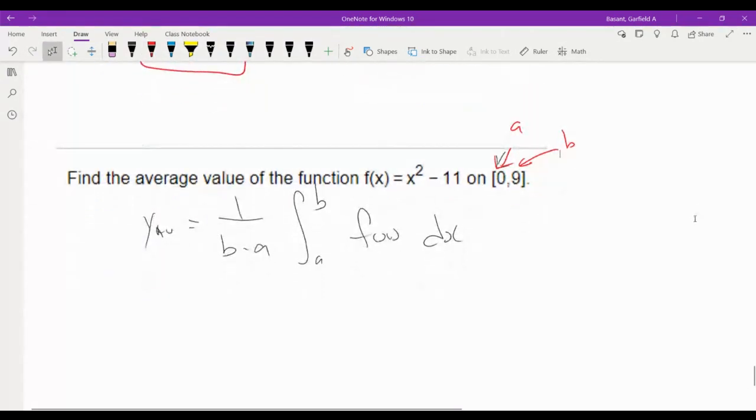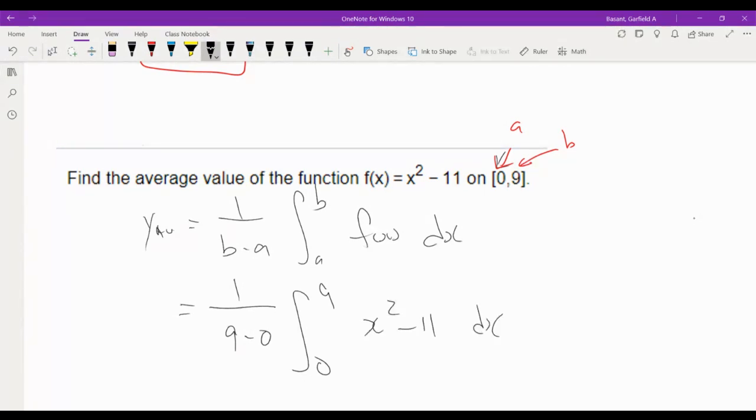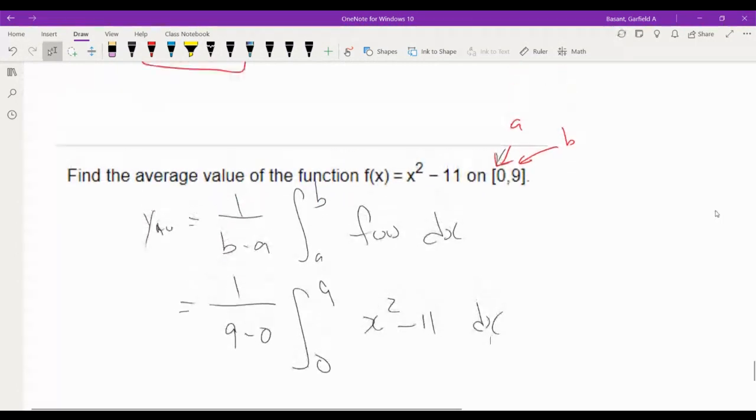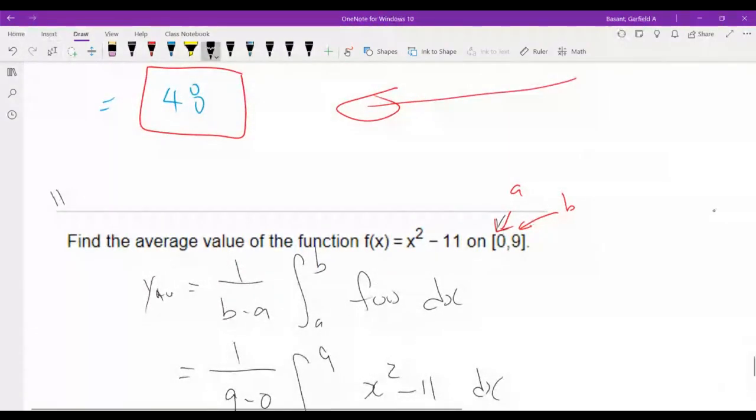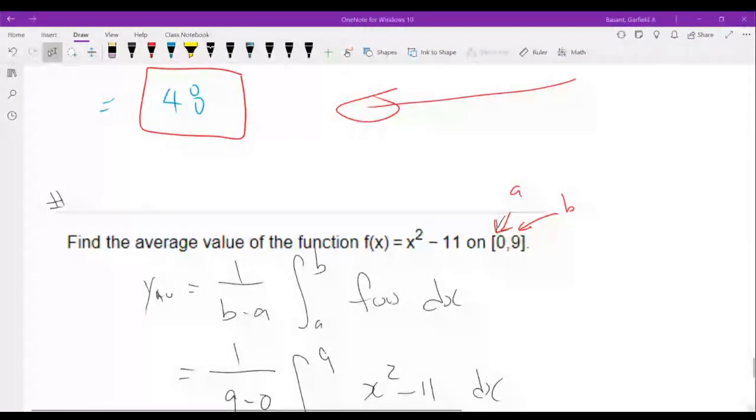So we know these numbers. So this is 1 over 9 minus 0 from 0 to 9, and the function is x squared minus 11 dx. This is number 9.